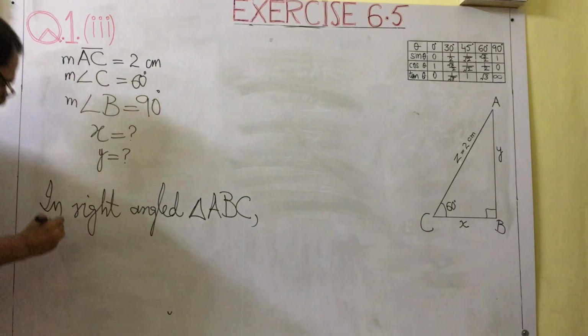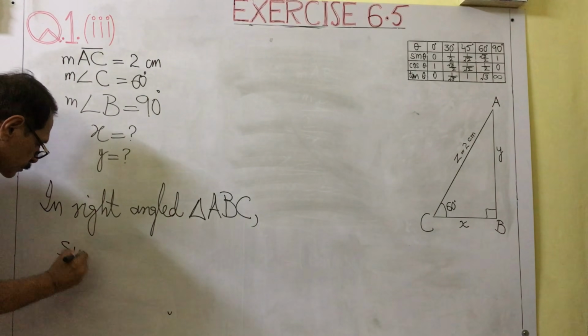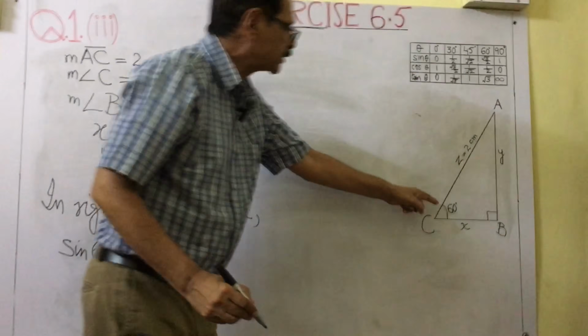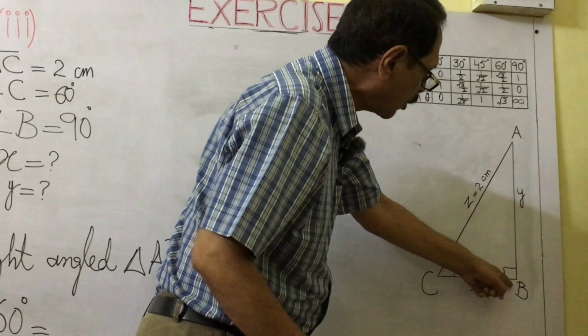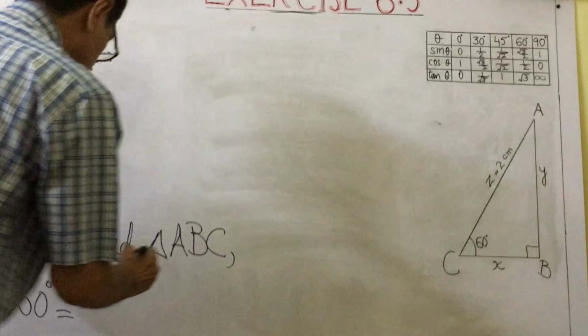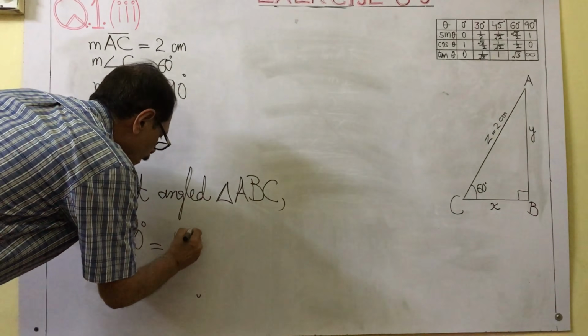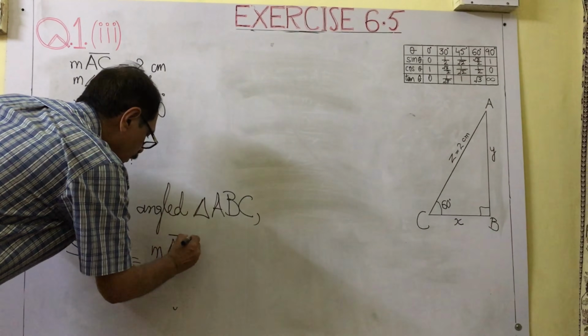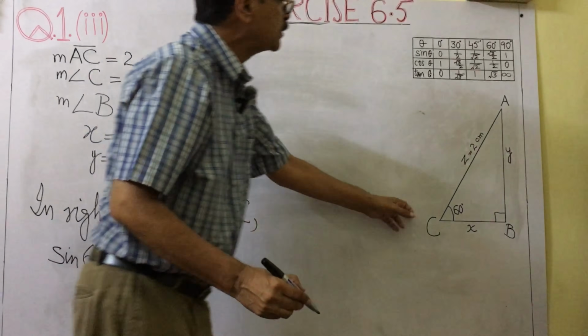sine of 60 degrees is equal to perpendicular over hypotenuse.